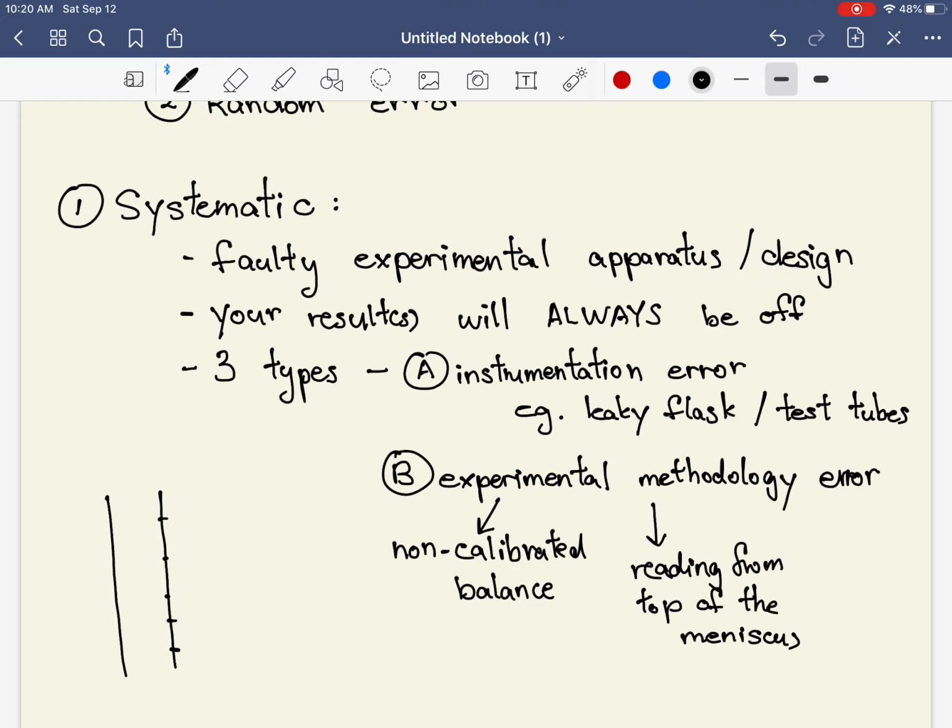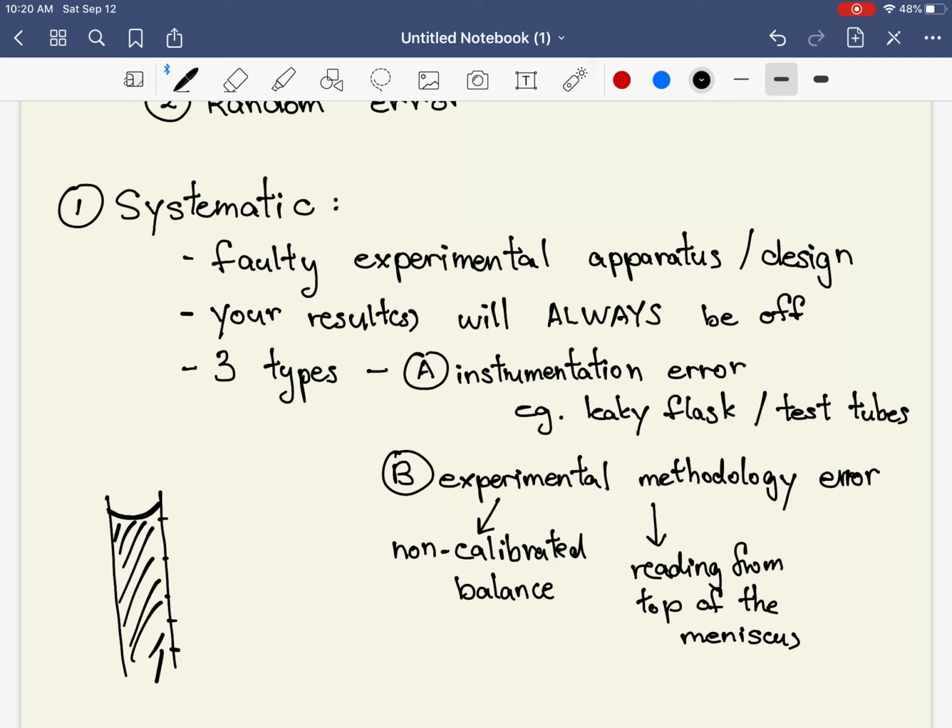It has scaling here, and you fill it up with some sort of liquid that has some cohesiveness in it, like water. You're not going to get this. Instead, you may see something like this. That is called a meniscus.